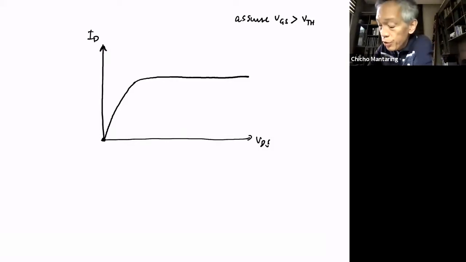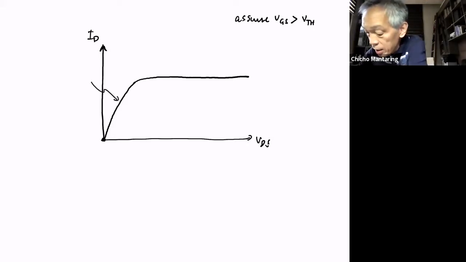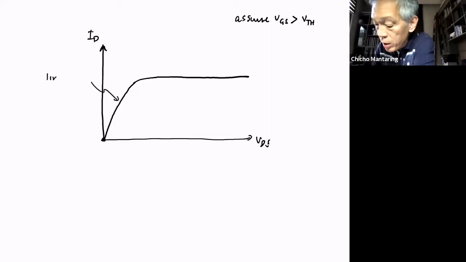Okay. So here we have identified two modes of operation of the MOS transistor. You call this the linear mode, and this is called the saturated mode.